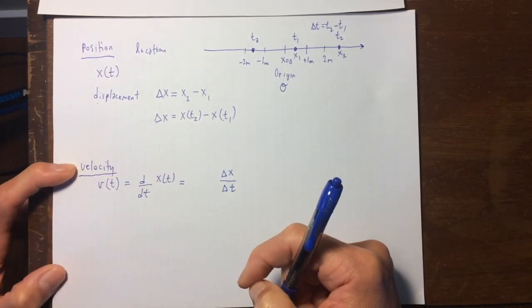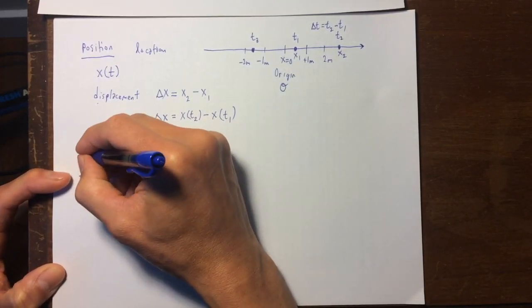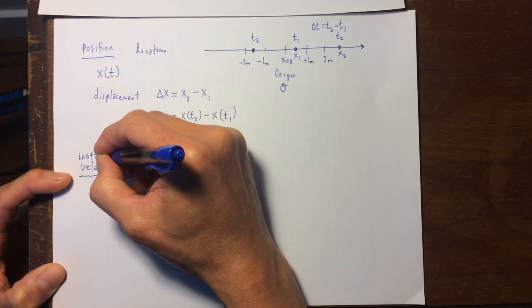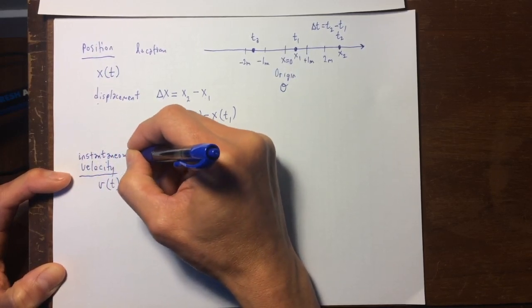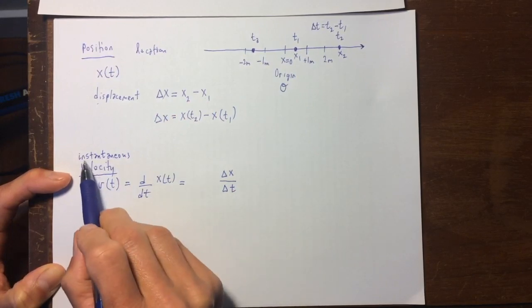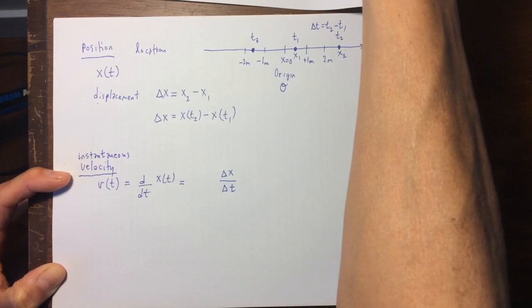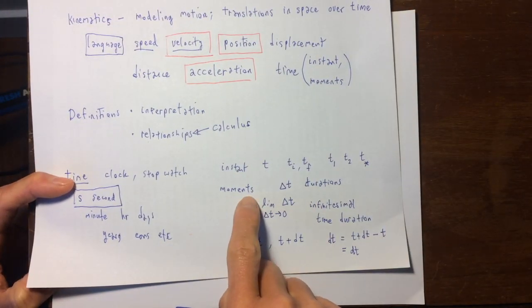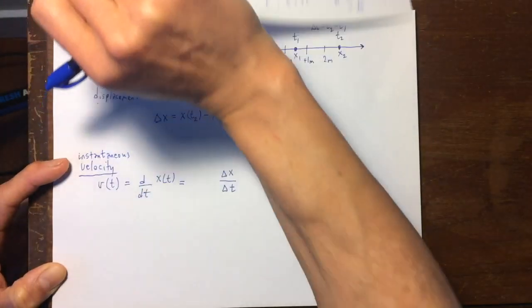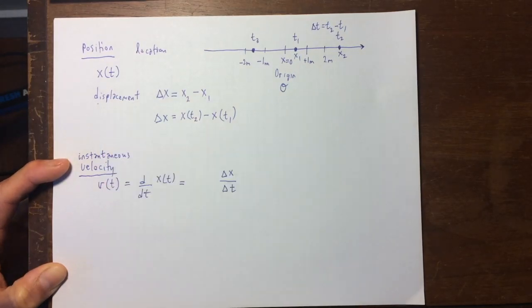But this velocity that I want to describe right now, that's based on calculus, is what's referred to as instantaneous velocity. And this instantaneous velocity takes into account small moments in time during which the object's position can displace.